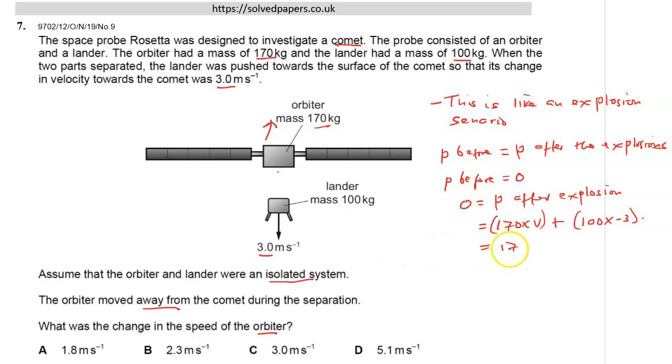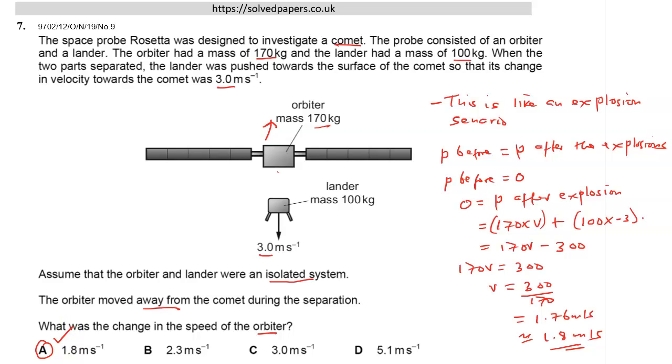Therefore, this gives us 170 v minus 300. Of course, you make v the subject, you get 170 v is equal to 300. v is equal to 300 divided by 170, and this should give you 1.76 meters per second, approximately 1.8 meters per second in 2 SF, and therefore the answer is right here, A.